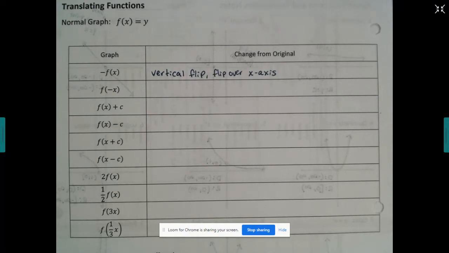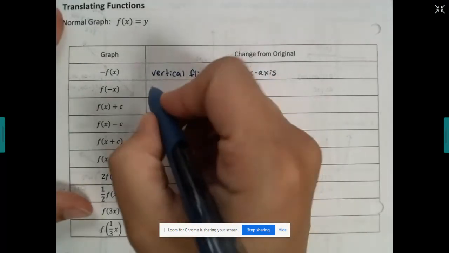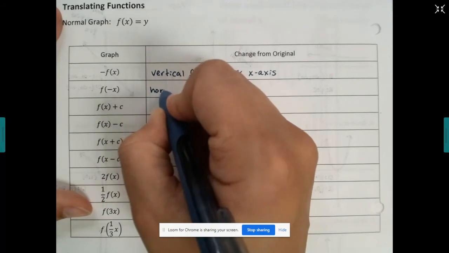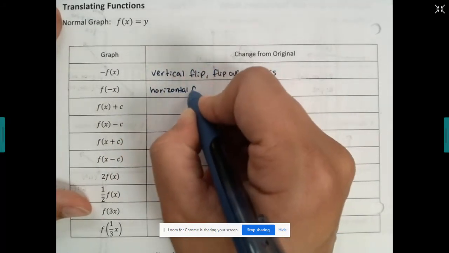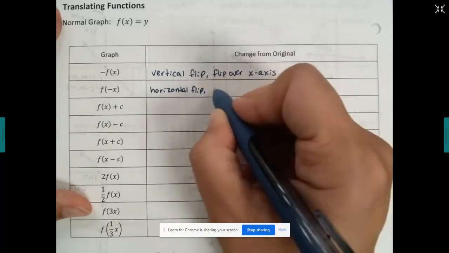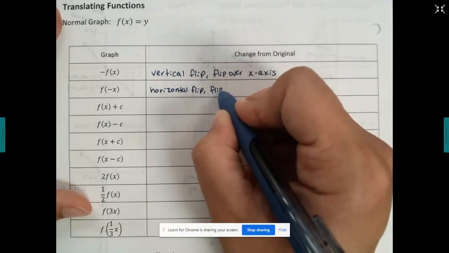So then the other one, which is when you have negative x on the inside of whatever, parentheses, absolute value, square root, whatever, and that is a horizontal flip. Or a flip over the y-axis.